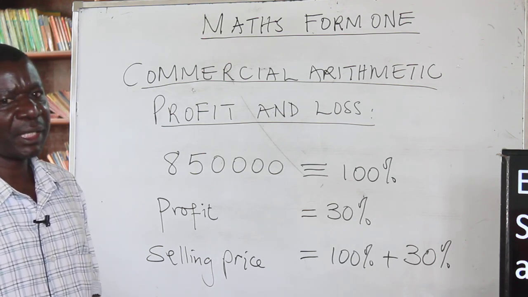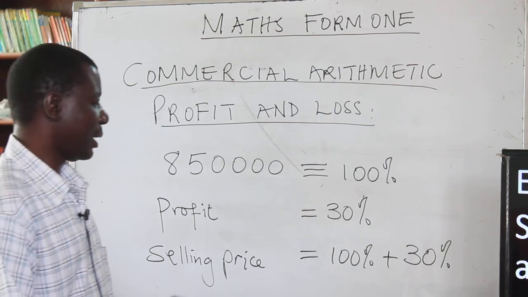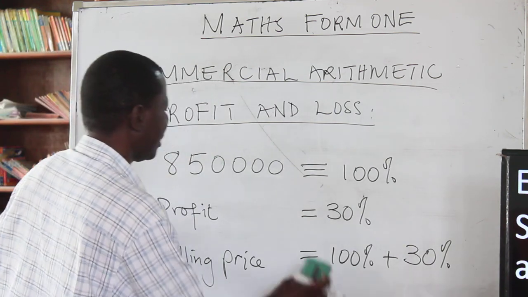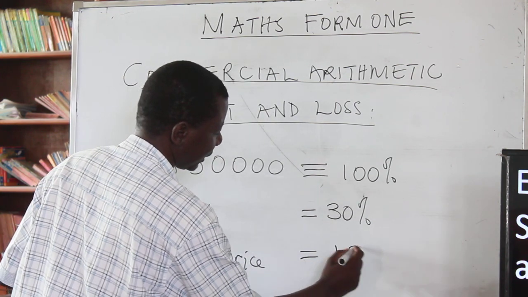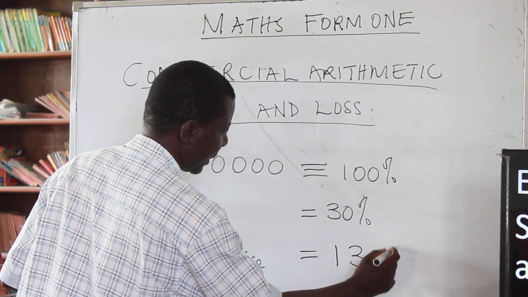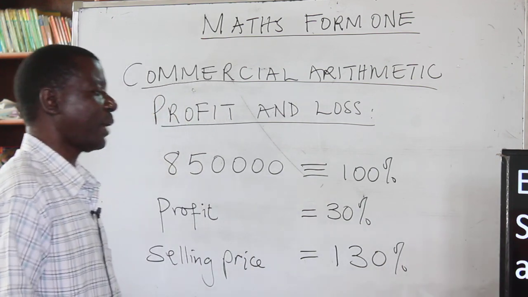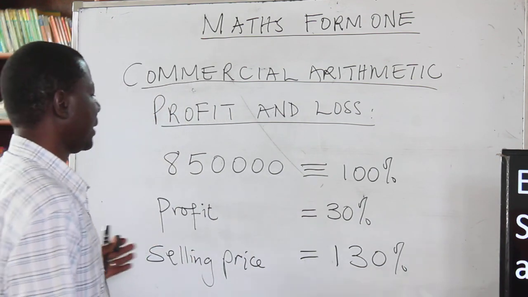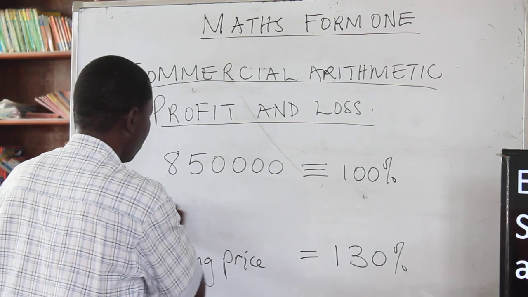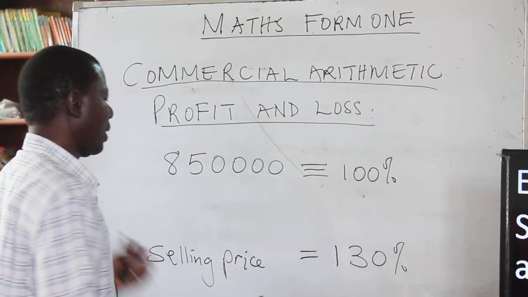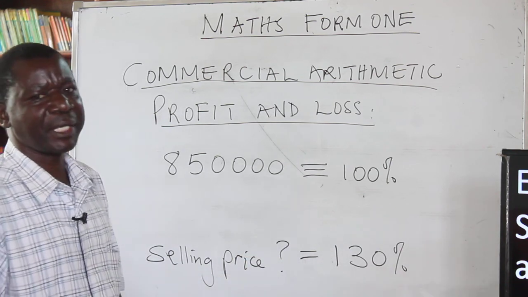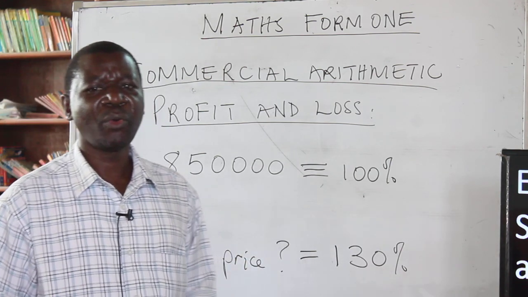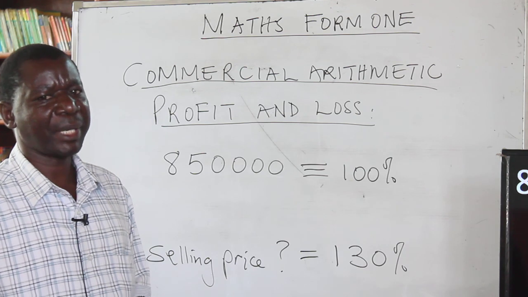Our question says we calculate the selling price. So the selling price here is 130%, because we have added 30 and 100. How much money will be for the selling price?